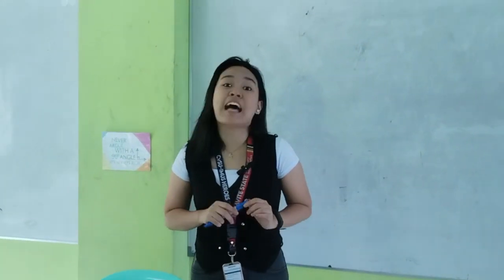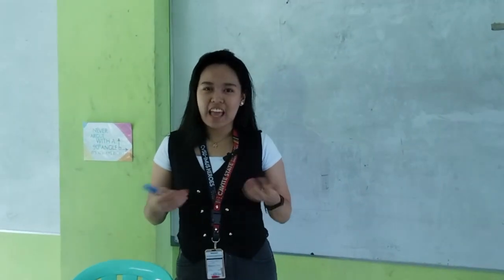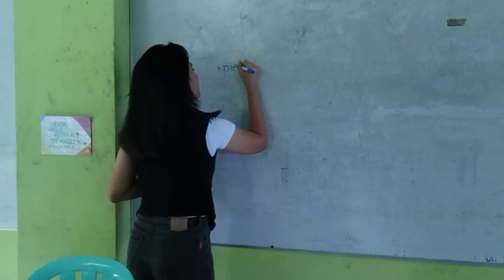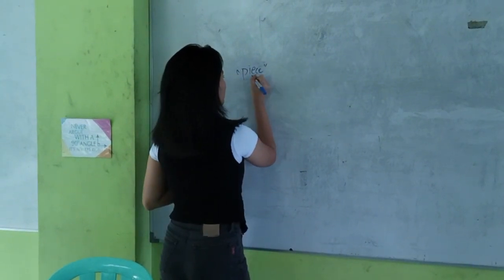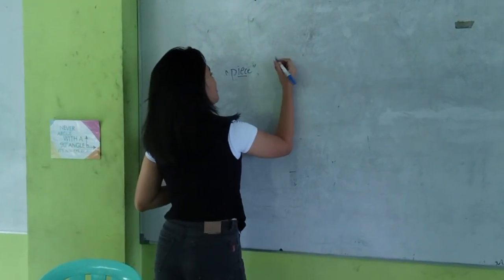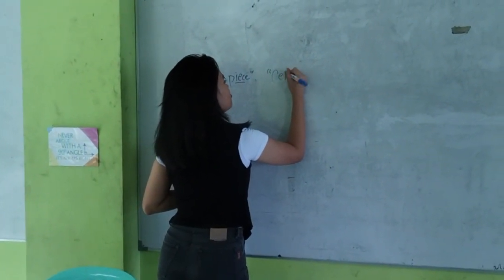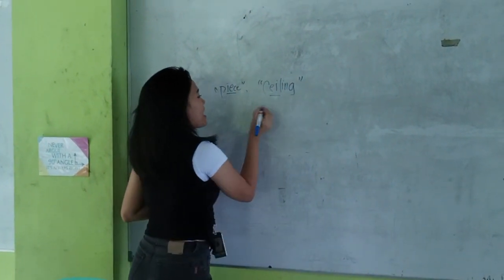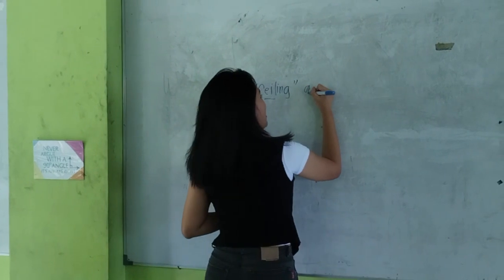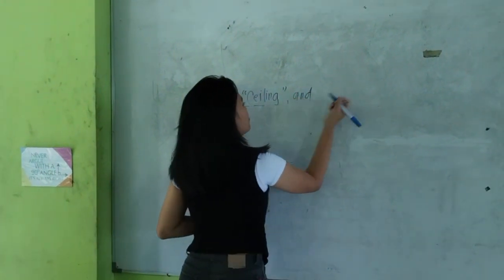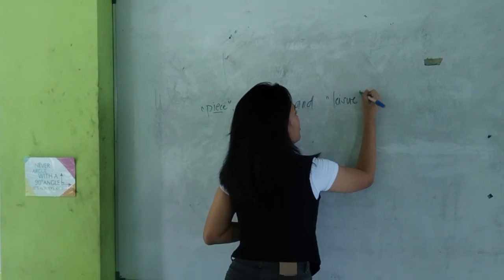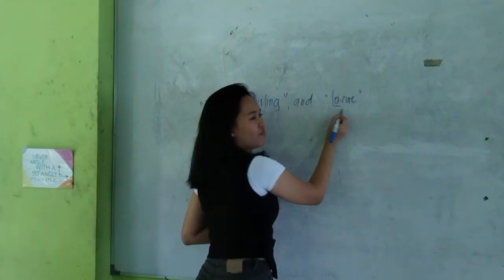So this rule is about the classic rhyme: I before E except after C. For example, words like peace, ceiling, and leisure.